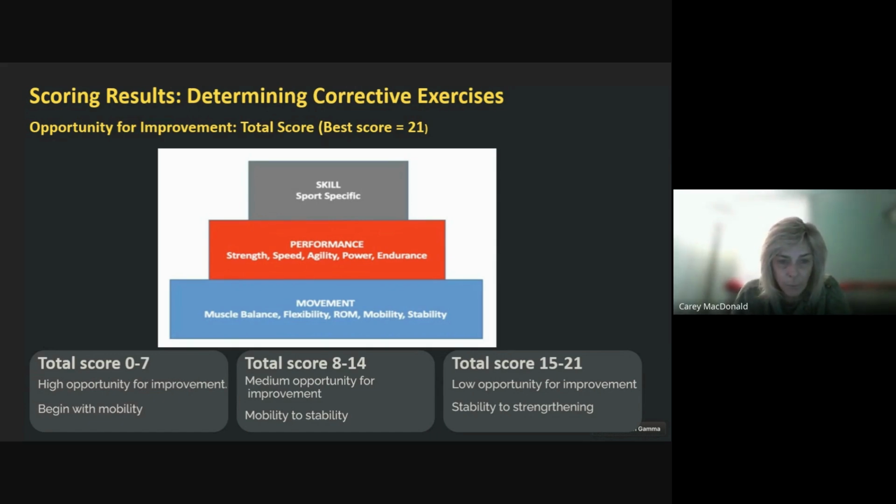The way I explain it to the individuals when I'm talking to them about their screen and where we're going to go with their results is that the bottom level, mobility, is where you start. Mobility is your foundation. If you don't have a good foundation, just like a house, everything above that is going to crumble, right? With a good foundation, that's going to help set you up for success.